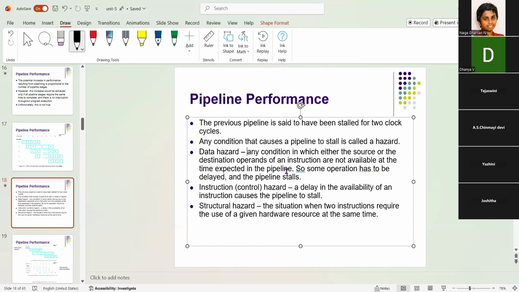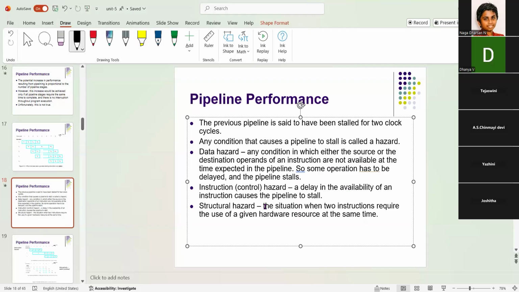I'll show you examples, but essentially, when you are expecting some data and it is not available, or it's available but not the right data, not the updated value, then the logic of the program itself goes wrong, right? In terms of instruction hazard, a delay in the availability of an instruction stalls the pipeline. If you don't even have an instruction, that becomes an instruction hazard. These are just some definitions; you can understand them easily with examples.